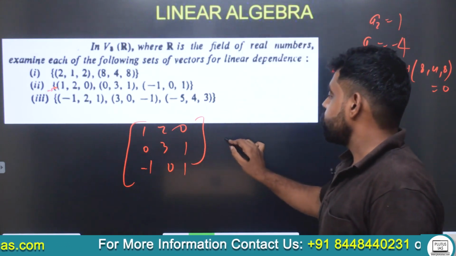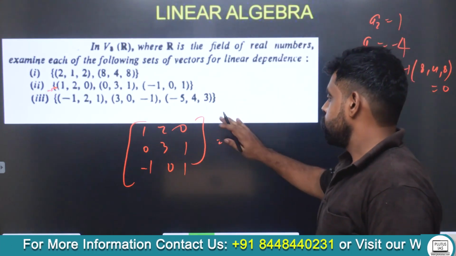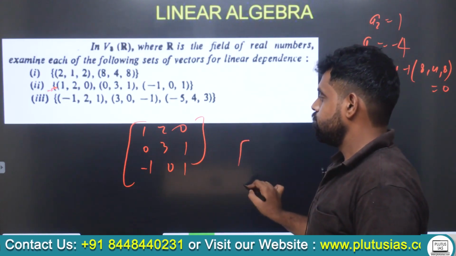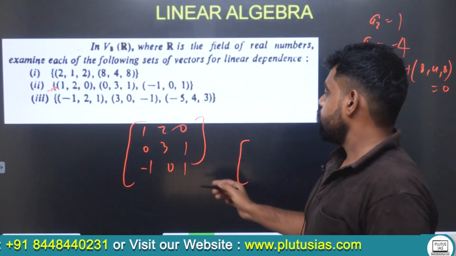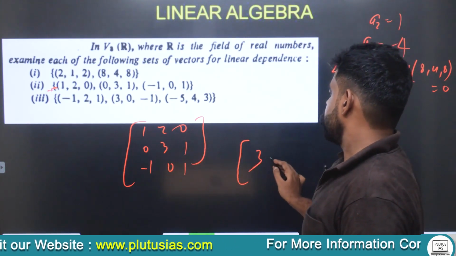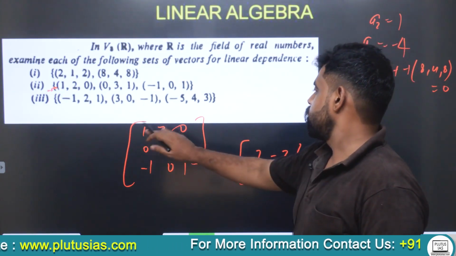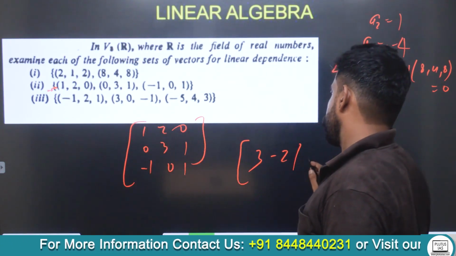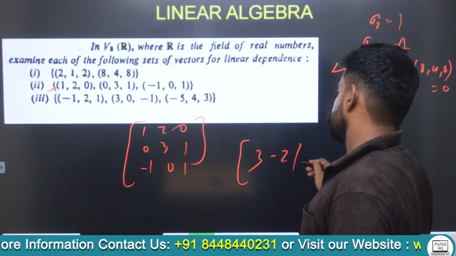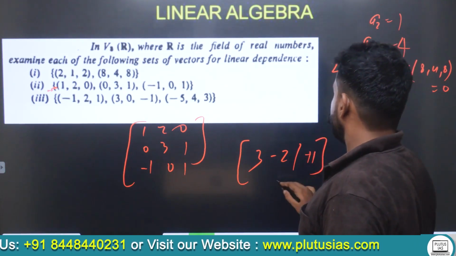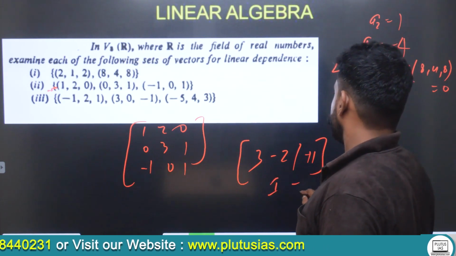Okay, what is the determinant of this? This would be 3 minus 2 times 0 minus, it is plus 1, which is equal to 1, not equal to 0.